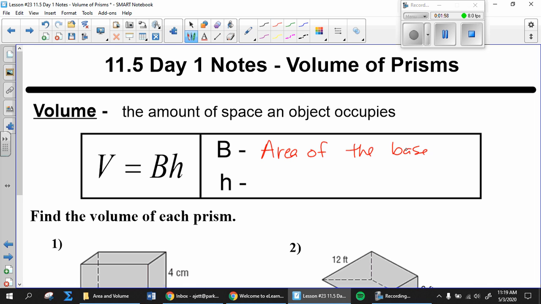And then H is still, the way I like to think about it, distance from base to base, which is the height of the solid. An easy way to remember that is distance from one base to the other.